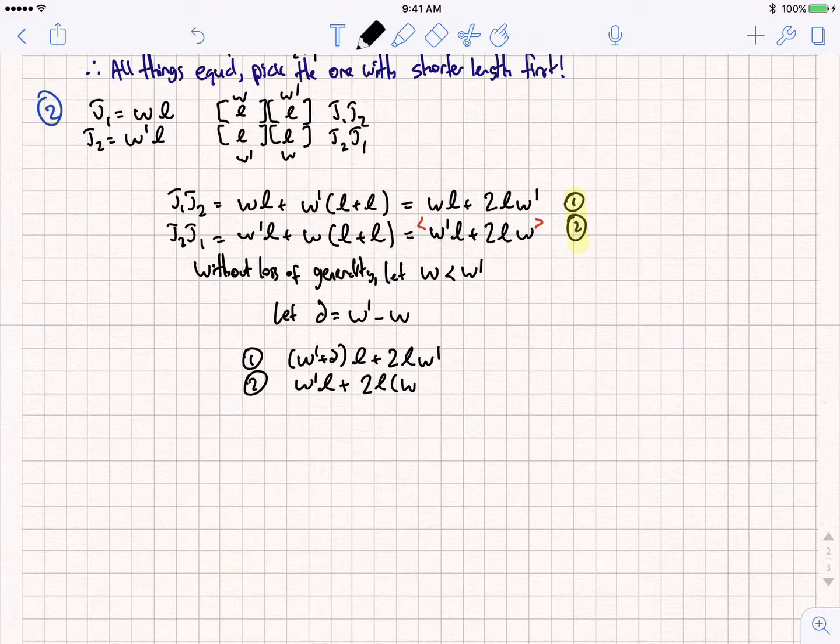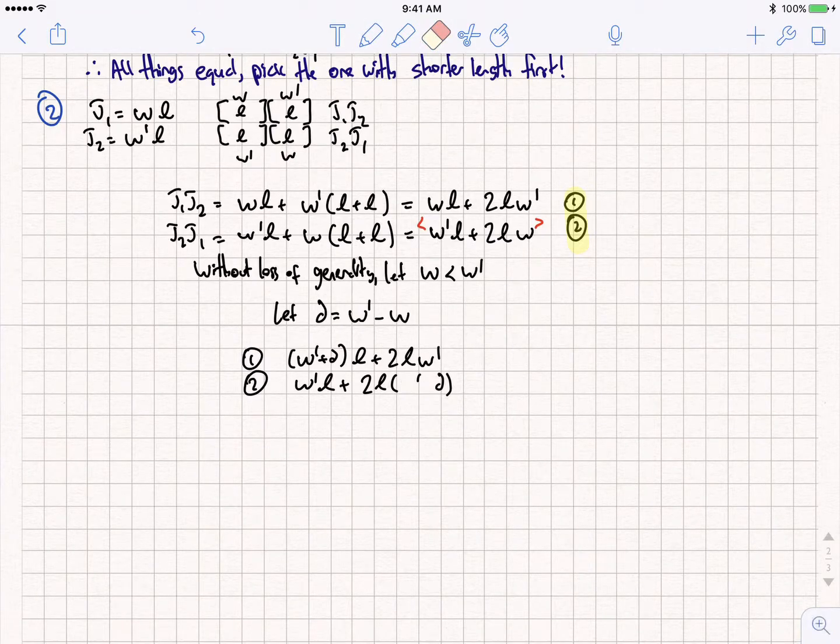Hold on. Is it W prime plus D? Use the difference between W prime and W. Anytime we have a W, we can add D to it to make it the same.